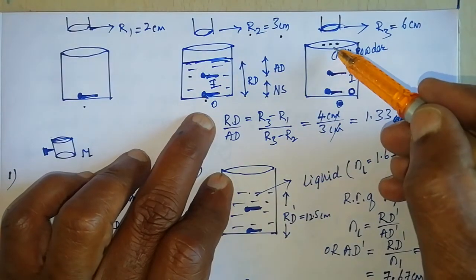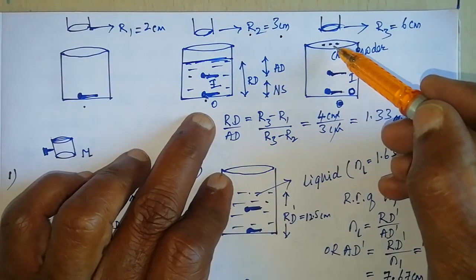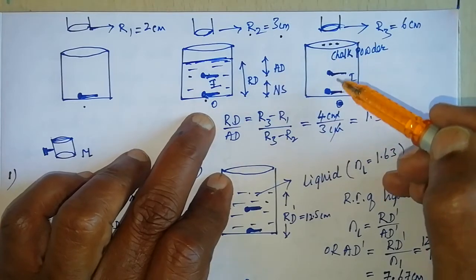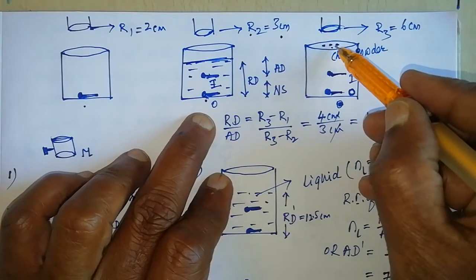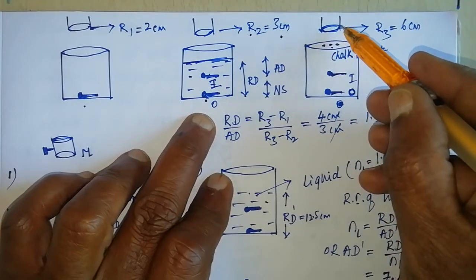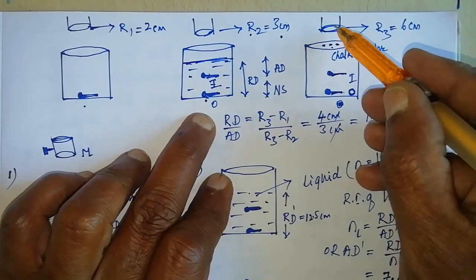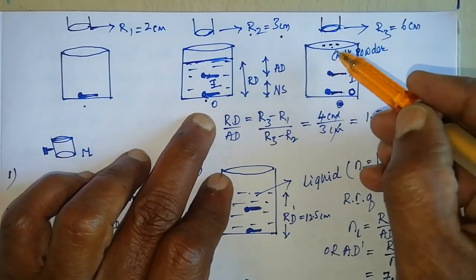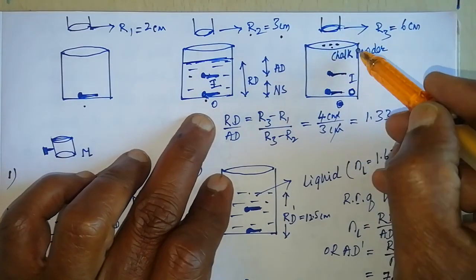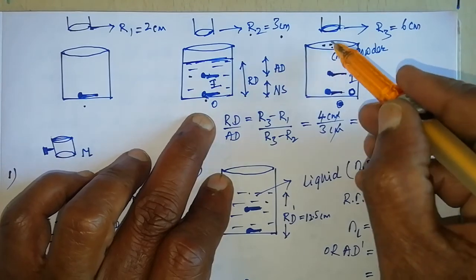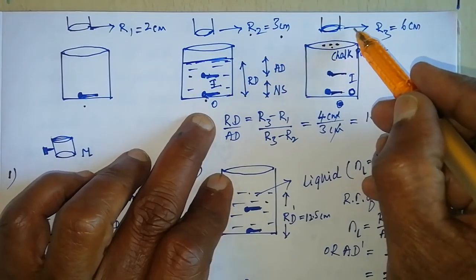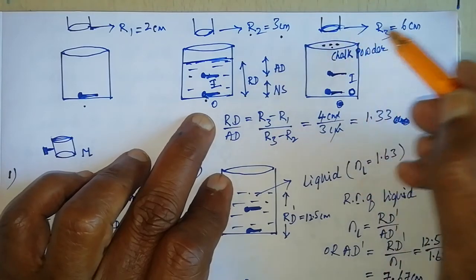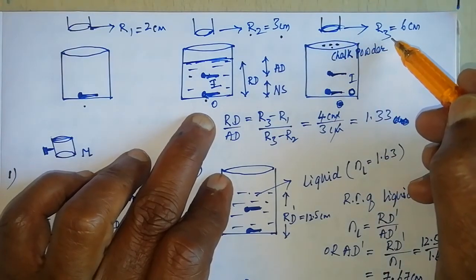Then a little chalk powder is sprinkled over the surface of the water, and this chalk powder is to be focused with the traveling microscope. So the traveling microscope is raised further to focus the chalk powder, and once the chalk powder gets focused, we take the reading on the traveling microscope as R3.